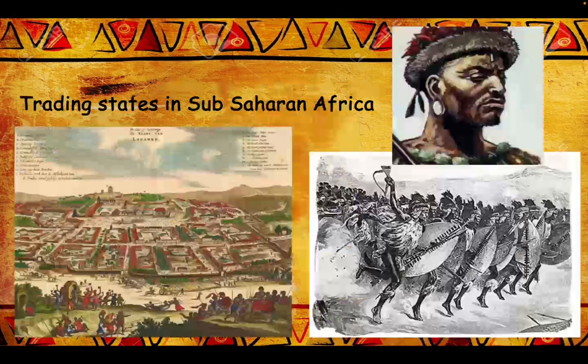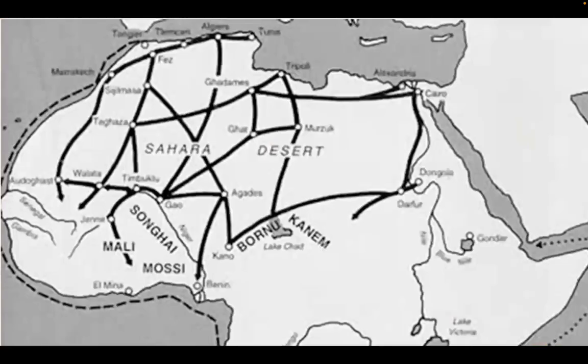Trading states in sub-Saharan Africa developed in areas essentially that connected to trade. They're going to be led by chiefs, strong leaders who had control of the army. During this time period, Africa was connected to what we're going to call the Afro-Eurasian network of trade through two trade routes.